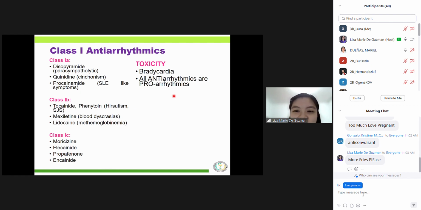That is why all antiarrhythmics are considered to be pro-arrhythmics at some point, because they alter the electrical impulse, the rhythm of the heart. That is their effect, that is their action. They have electrical effects on the heart. That's why they are also considered pro-arrhythmic. So we have the sodium channel blockers.